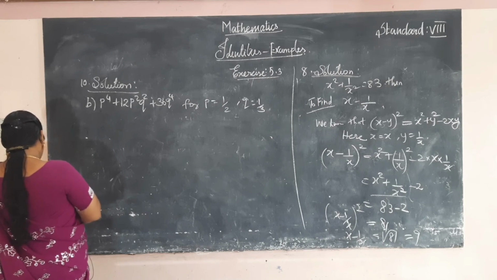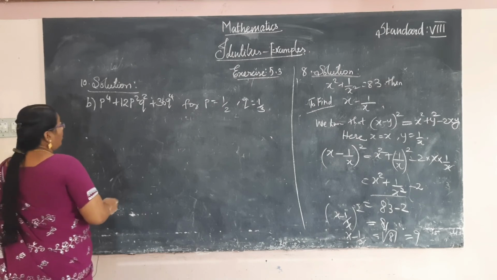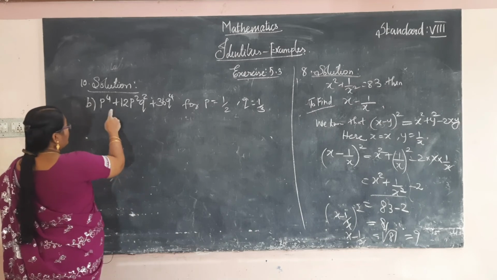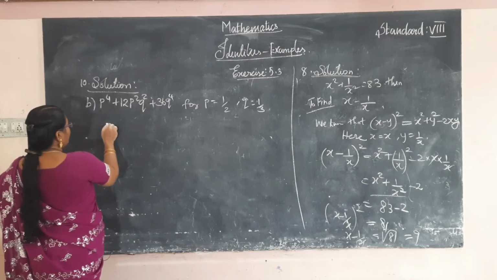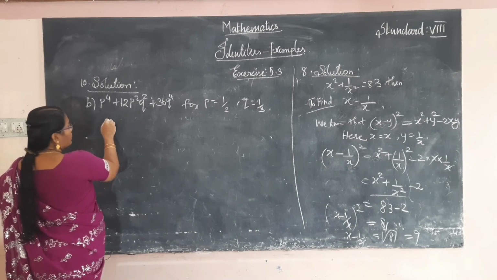You have to evaluate the algebraic expression for the given values. So for the given values you have to find out the answer. Okay, so substitute the values in this equation. Okay, so p value was 1 by 2.